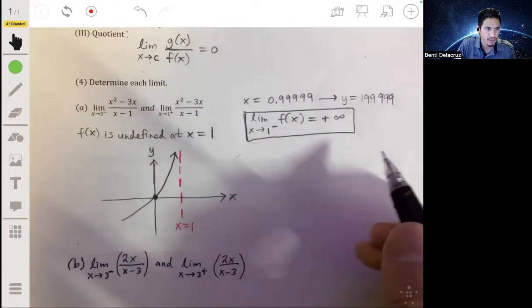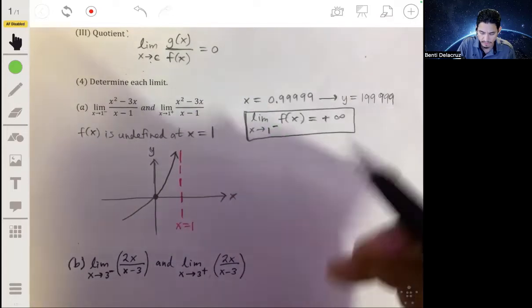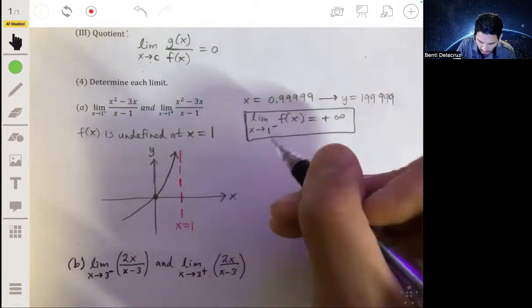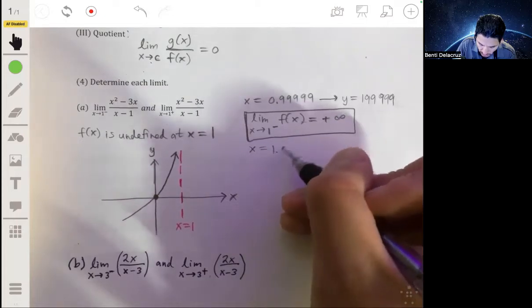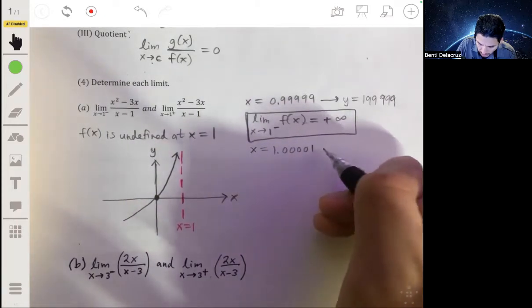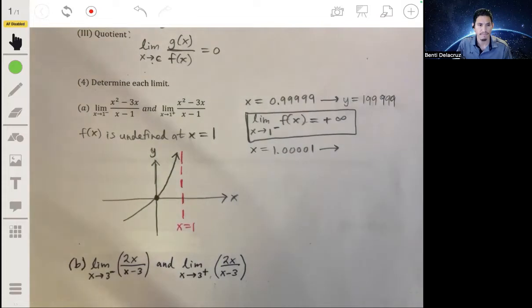Now let's see what's going on with the right-hand limit. We're going to plug in a number very, very close to 1, a little bit larger. Let's pick 1.00001 and see what value we get.